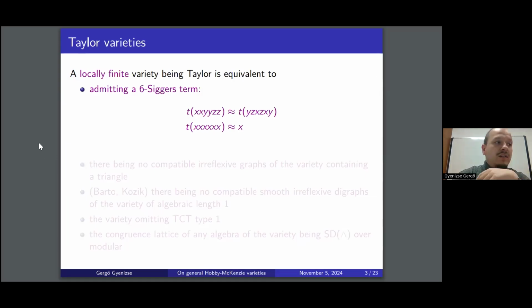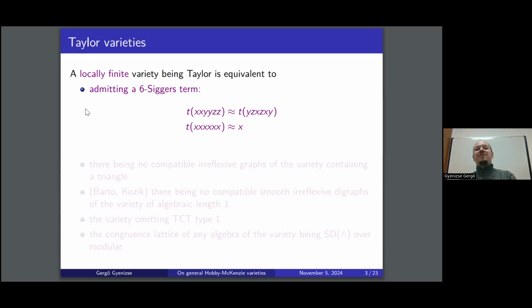There are quite a lot of results about Taylor varieties. Some only work for the locally finite case, and some work generally, without the restriction that our variety is locally finite. In this presentation, I'm distinguishing between these two cases by color.